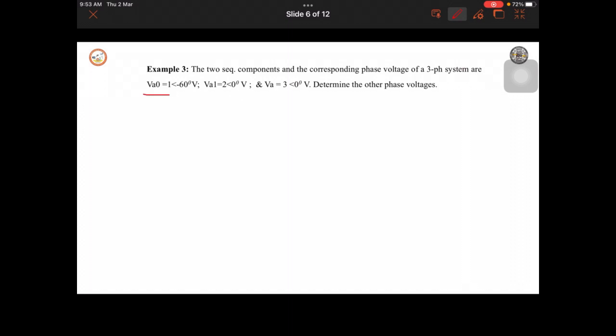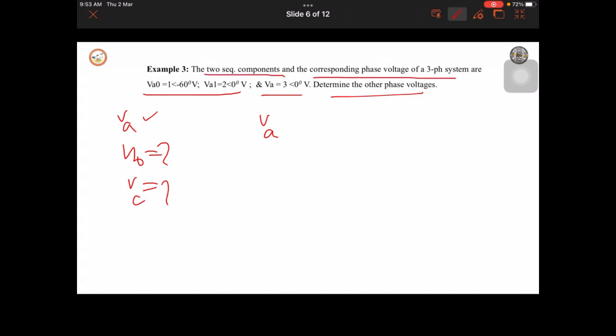That means VA1 and VA2 and VA are given, and it is required to determine the other phase voltages VB and VC.